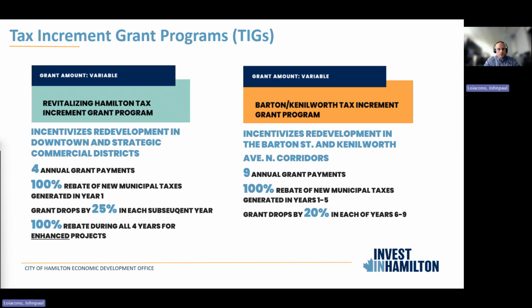If you do a high-level comparison of the two, that Barton-Kenilworth tax increment grant program offers 9 annual grant payments. And the difference here, this is an example of where not only do we target specific areas for programming, for incentives, but even within those targeted areas, those CIPAs, we could have different incentives offered. So for example, in the Barton-Kenilworth corridors, they need a little bit more revitalization, so they need a little bit of a larger incentive.